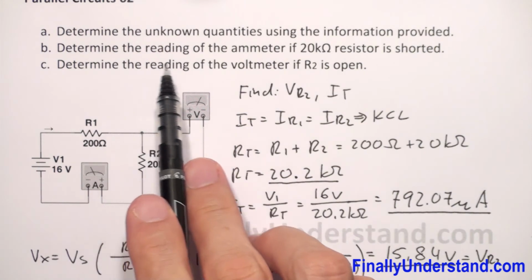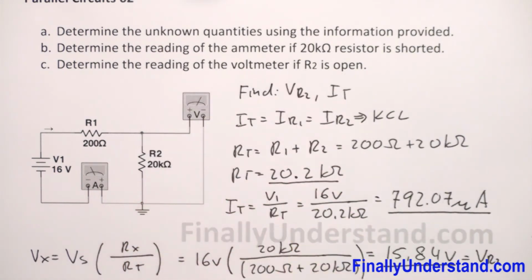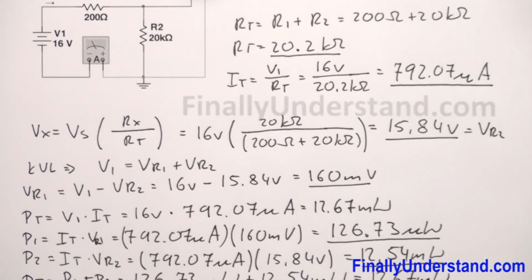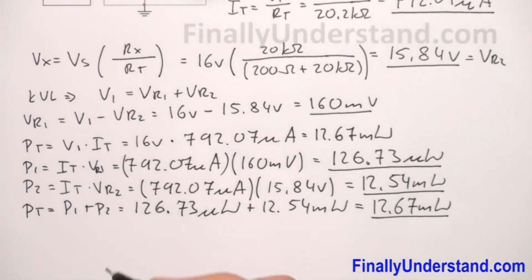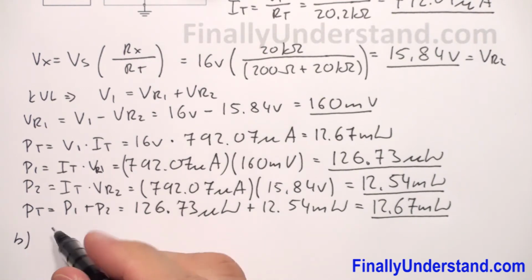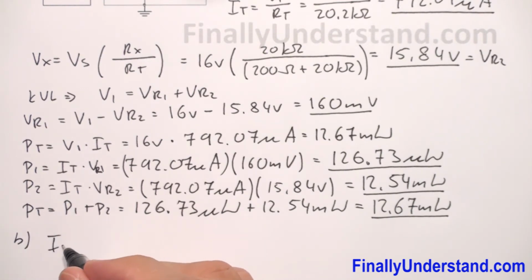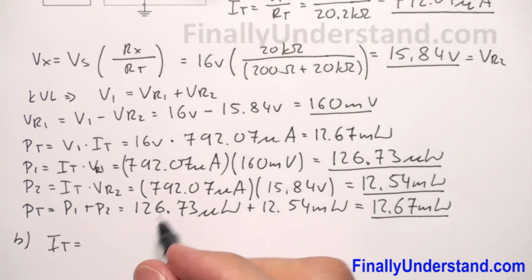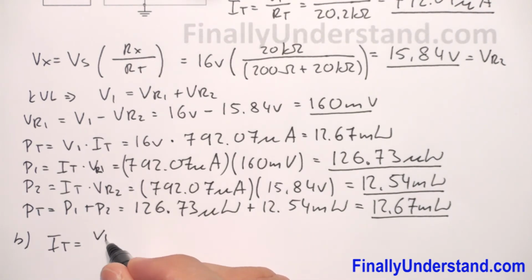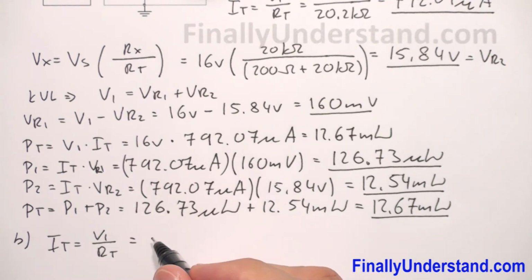So we have to determine the reading of the ammeter if the 20 kilo ohm resistance is shorted. This is my part B. My I total is equal to V1 over R total. V1 is equal to 16 volts over R total 200 ohms.